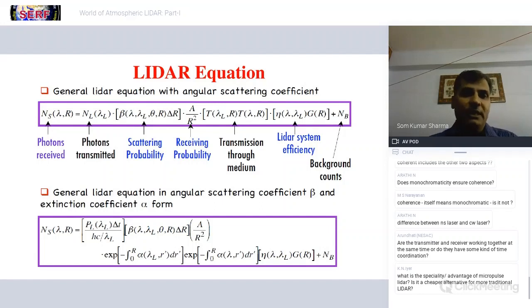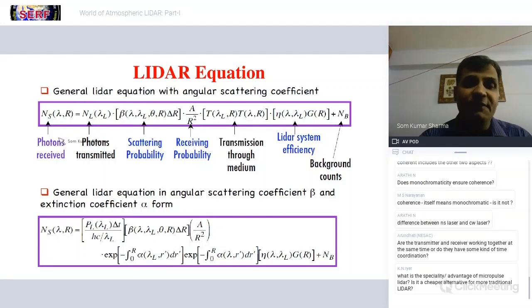So the LIDAR equation basically gives the relation between the received photons and the photons transmitted, scattering probability, receiving probability, transmission through the medium, LIDAR efficiency, and background. And this can be further simplified for a given system. I will not go into that detail.